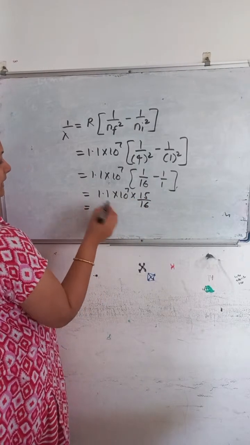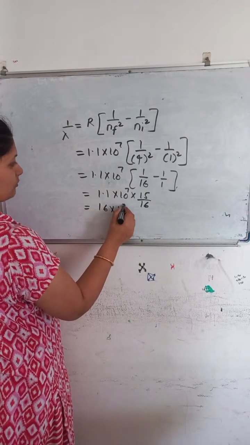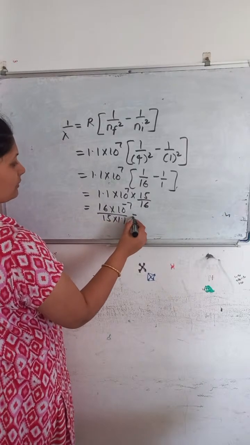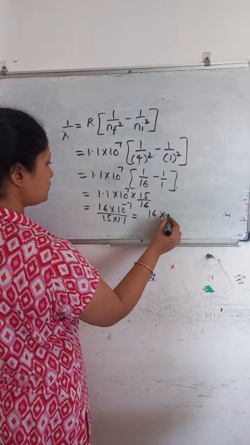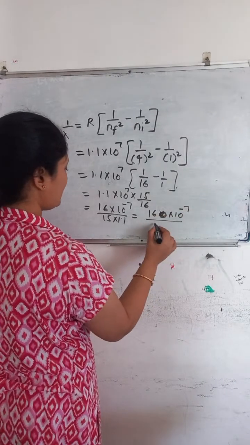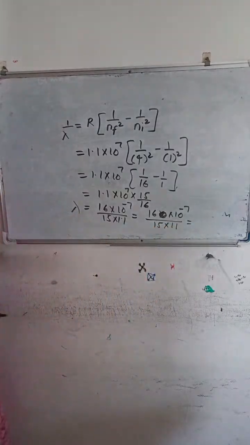Okay, so you can reverse it, 16 into 10 raised to minus 7, 15 into 1.1. Or you can go 16 into 160 into 10 raised to minus 7 divided by 15 into 11. Okay, calculate this, you will get directly lambda. Check what will be the answer you will get. Check the calculation.